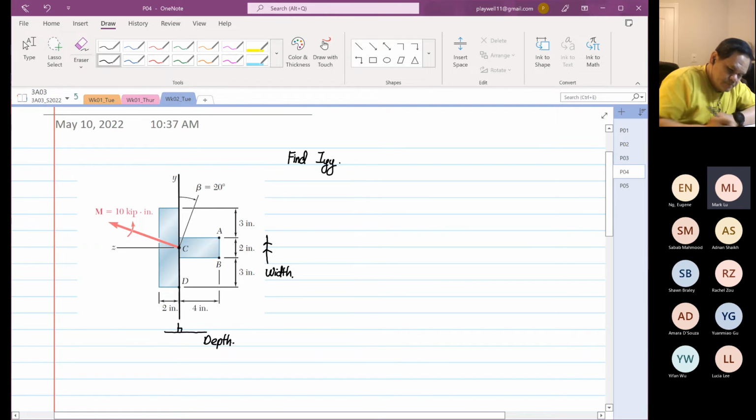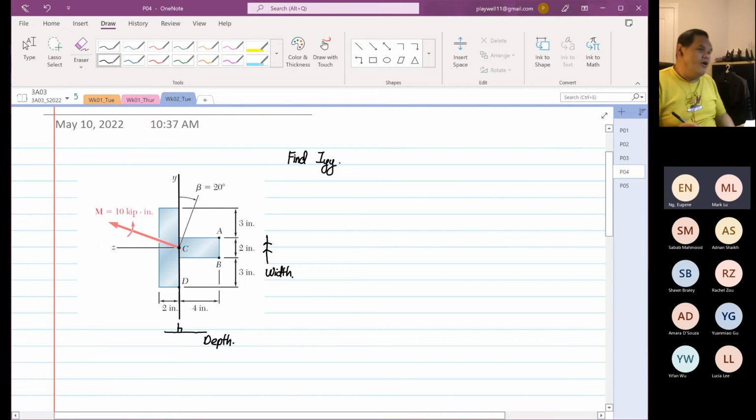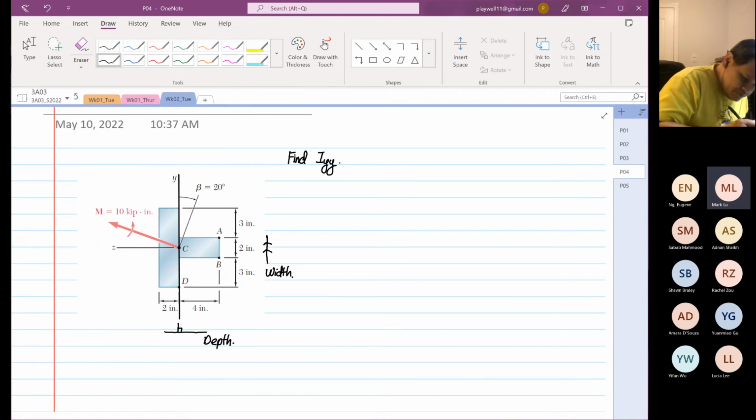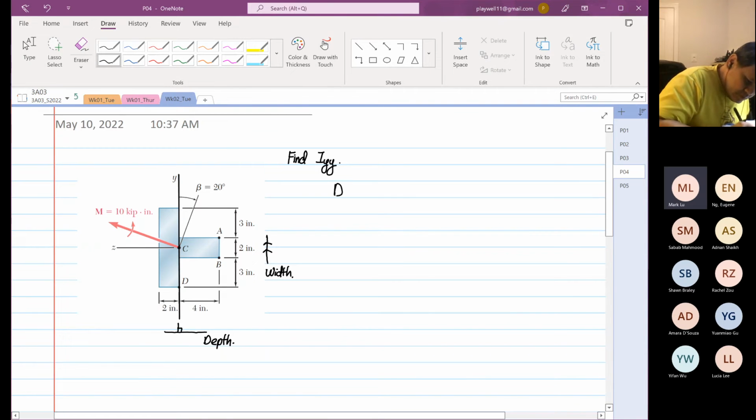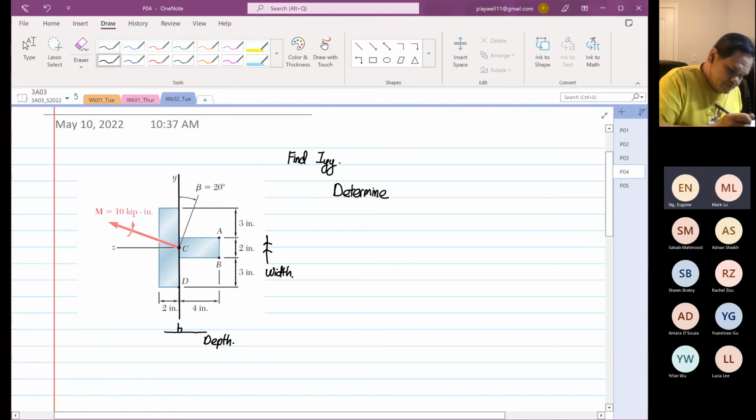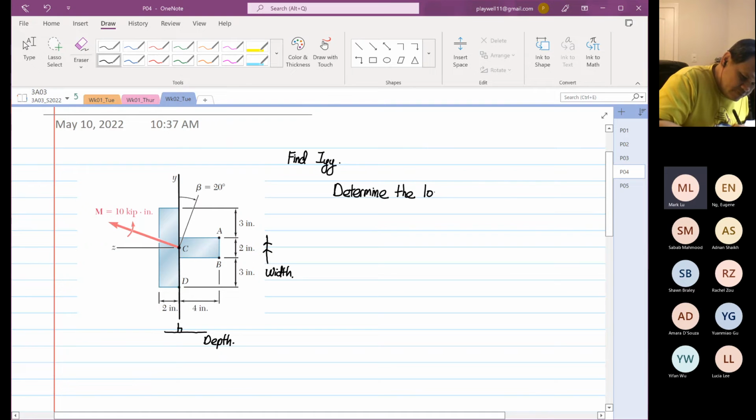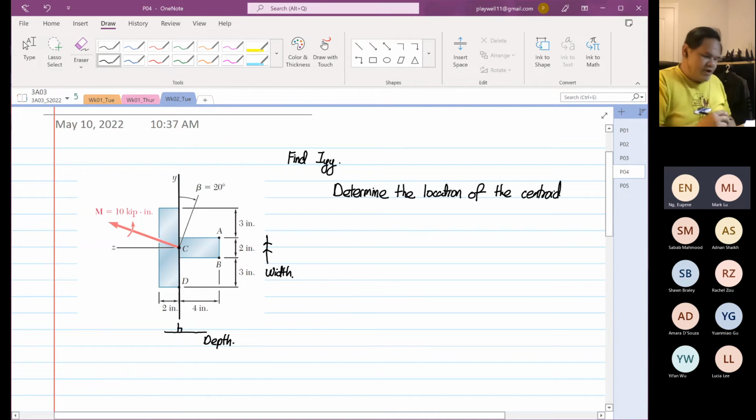That's what we know. Before we can find Iyy, we have to determine the location of the centroid. For this case, you cannot do it by observation, unfortunately.